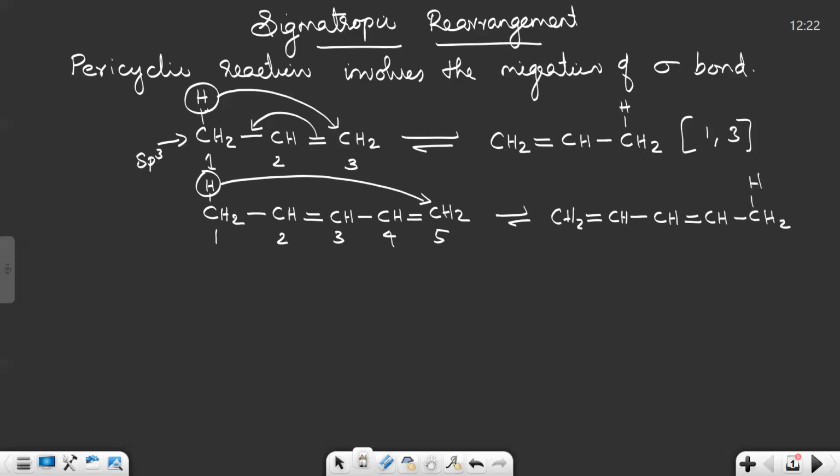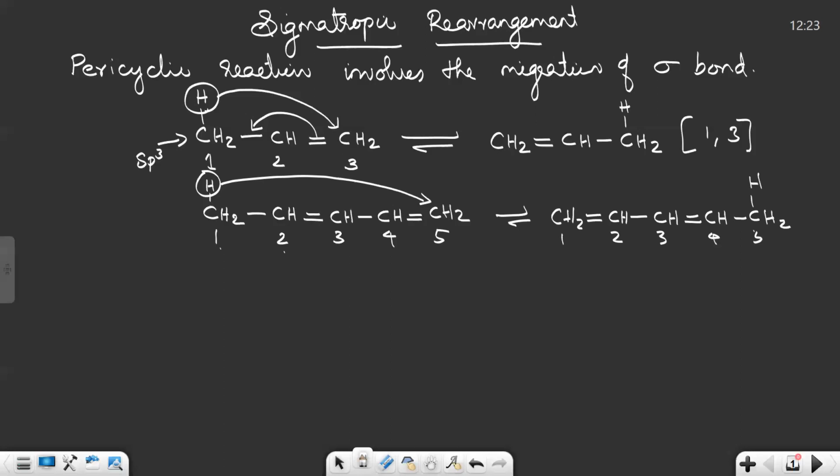CH2H or CH3. Here you see in the beginning the 1,2 carbon is a single bond, but here it is a double bond, and the 2,3 carbon was a double bond, but here the 2,3 carbon is a single bond, and 3,4 was a single bond, now it is a double bond, and then 4,5 is now a single bond.